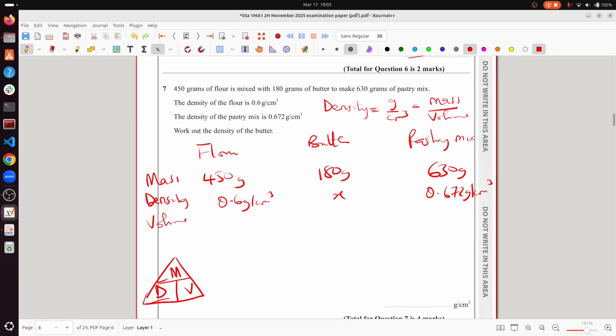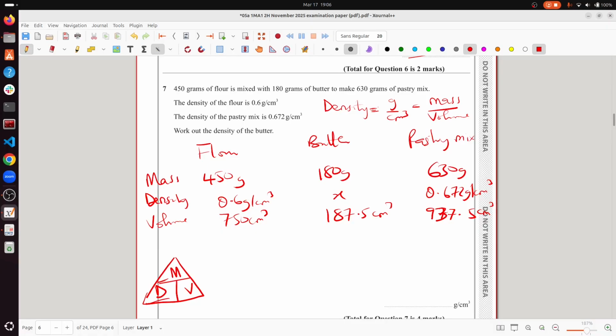The volume for flour is going to be mass over the density, which is 750 cm cube. The volume for the pastry is also going to be mass over density, 937.5 cm cube. So now we can find the volume of the butter, which is 187.5 cm cube.